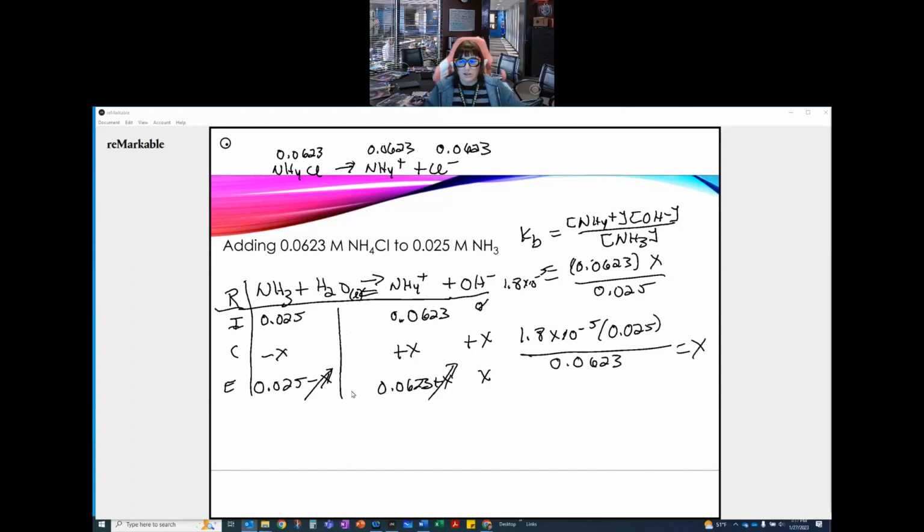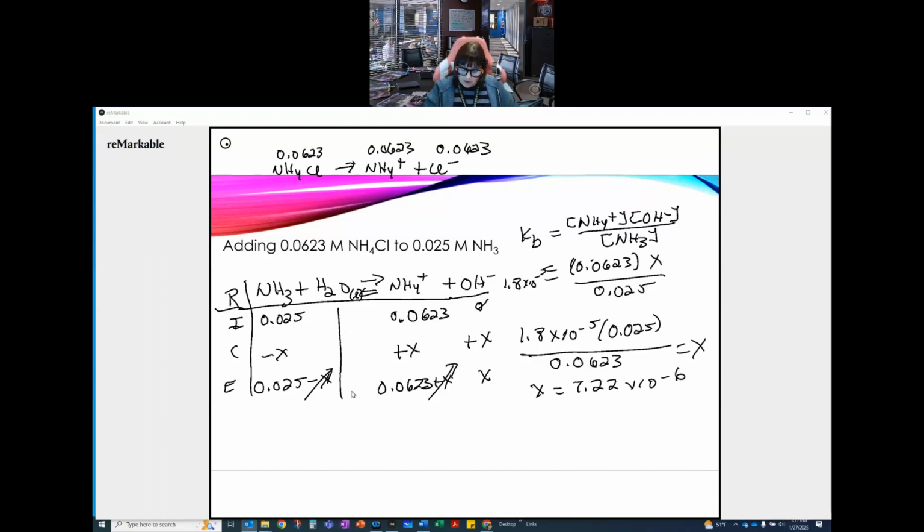So I've moved everything to the other side except for the x. I've isolated x on its own. So 1.8 e negative fifth times 0.025 divided by 0.0623. And that gives me an x equal to 7.22 times 10 to the minus 6th.